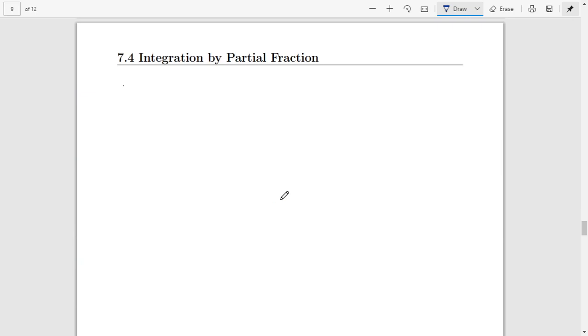Generally, if we are integrating a rational function of the form (ax plus b) all over (ax squared plus bx plus c), where that is irreducible, where b squared minus 4ac is less than 0, that means this is irreducible, then we proceed by completing the square of what we have below.